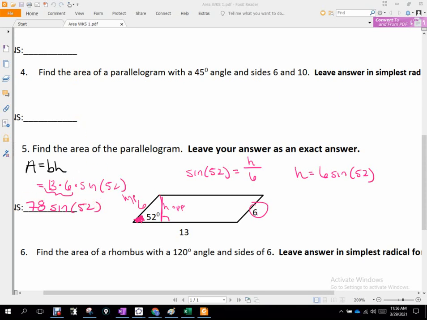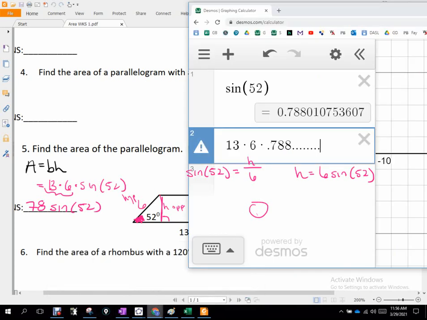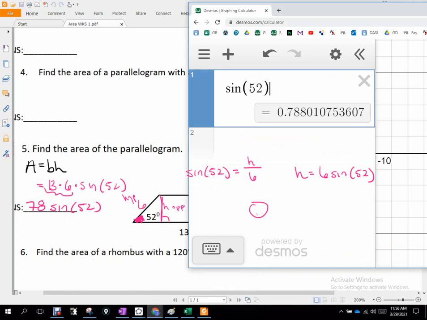Now, if I asked you, well then you go to Menards and you buy some topsoil or mulch or whatever that is going to cover that area maybe 2 inches deep, would you go to Menards and tell a guy that's working there that you've got an area of that much? No. Okay. So you would, depending on the application, then take this and write it as 78 sine of 52 is that right there.